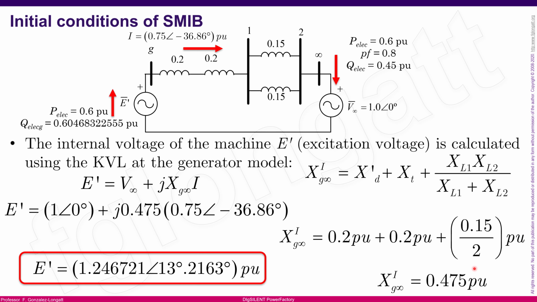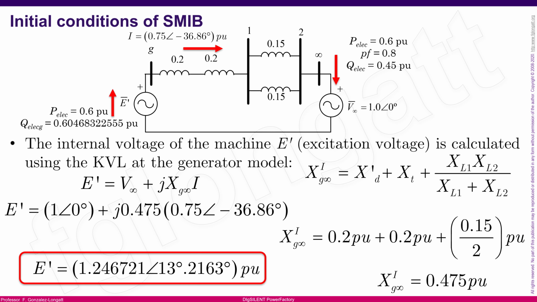Finally, we get this beautiful value over there, and that beautiful value is representing the equivalent reactance between those two points, between this and this, okay? That is the reactance. And that reactance is going here into the Kirchhoff voltage law, okay? That is what I am trying to explain to you.